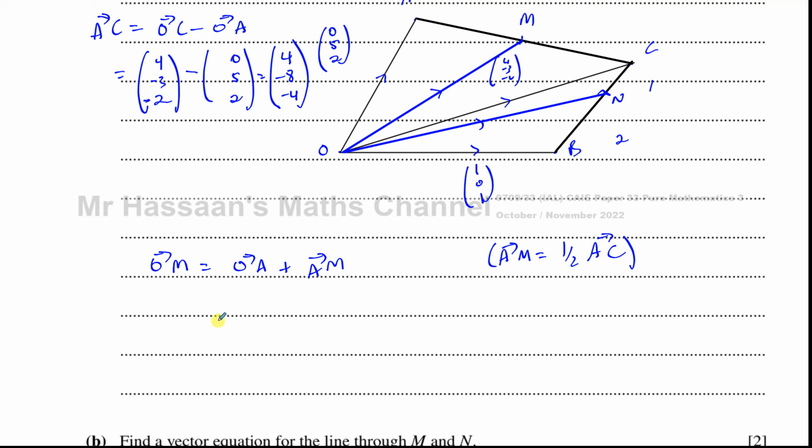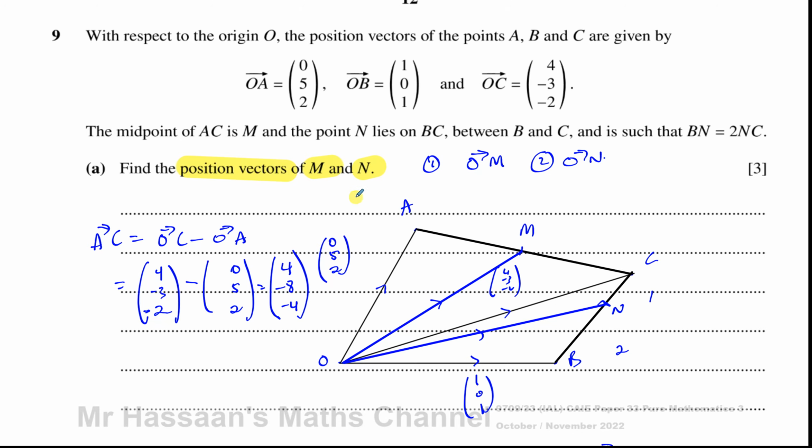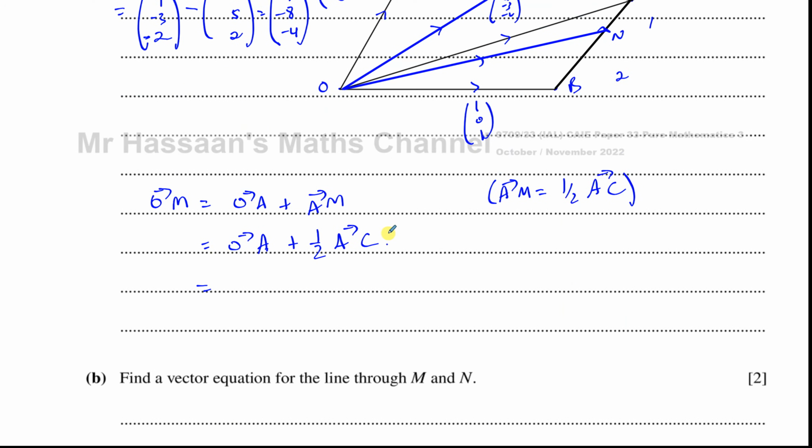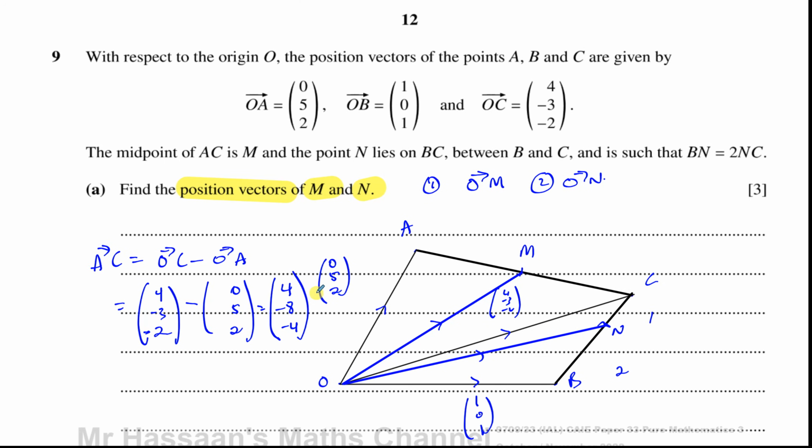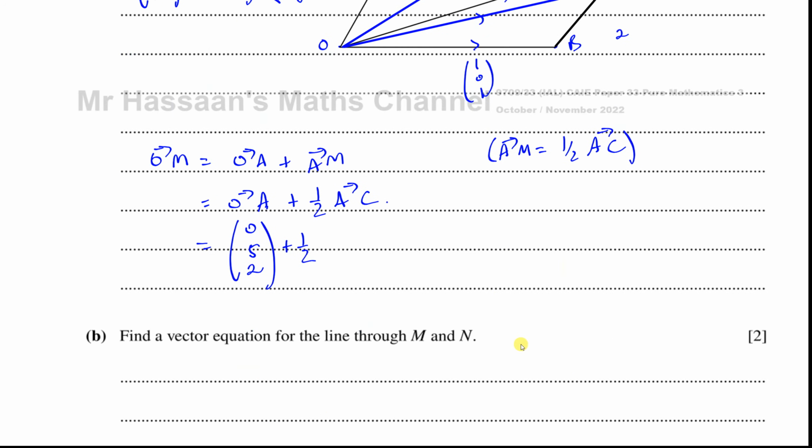So we can say that this is going to be O to A plus a half of A to C. Which is O to A, we already know, is 0, 5, 2, plus a half of A to C, and we've worked out what A to C is. It's 4, -8, -4.